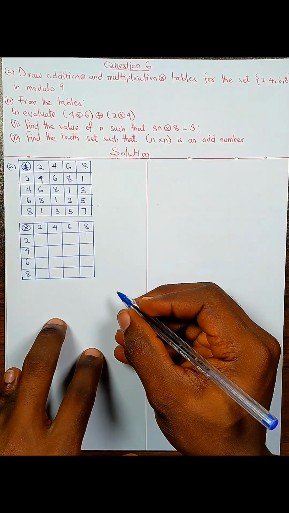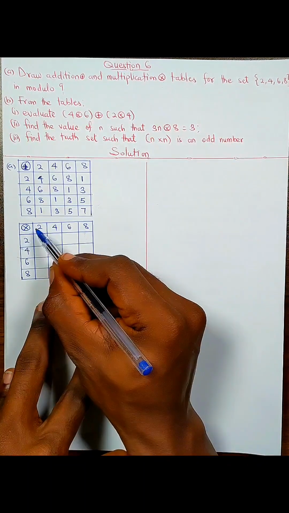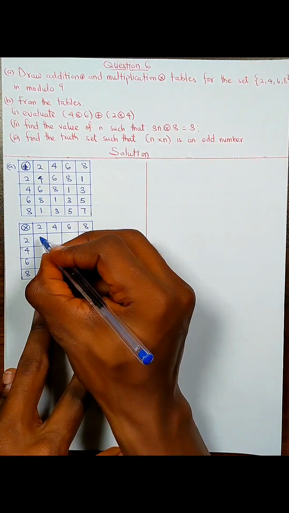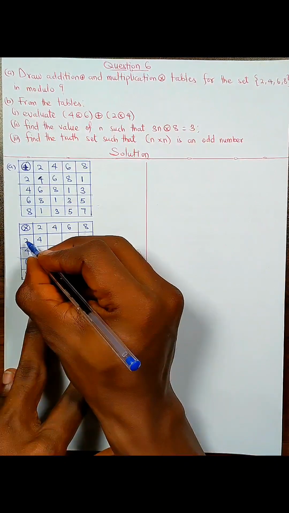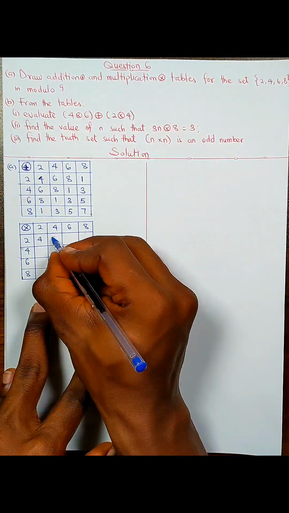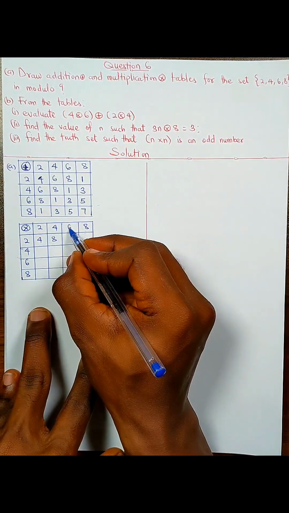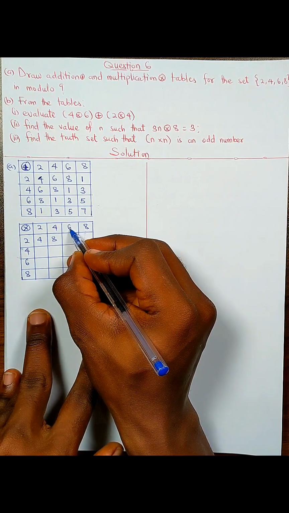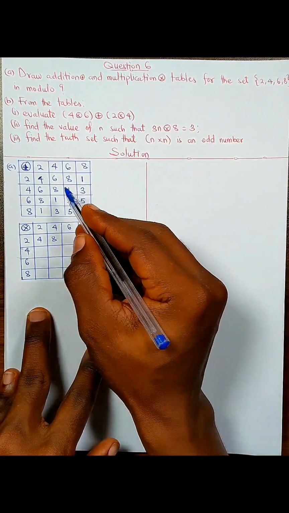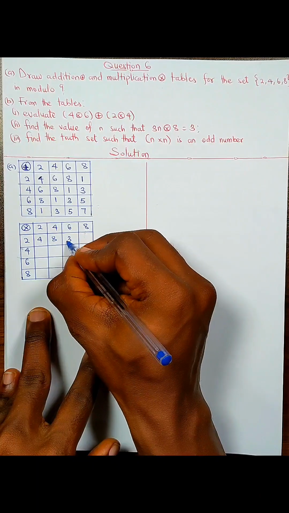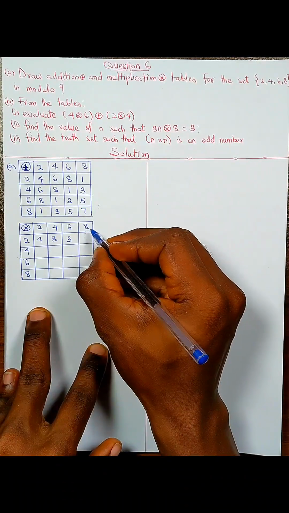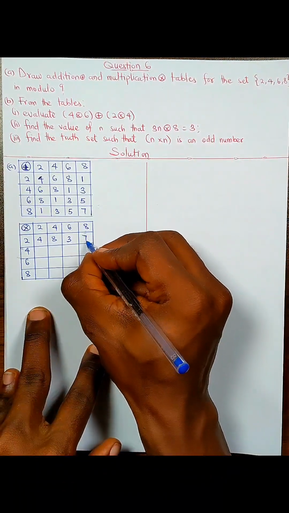Okay, back to it. Now 2 times 2 gives us 4. 2 times 4 gives us 8. 2 times 6 gives us 12, and we have already seen 12 has remainder 3. 2 times 8 gives us 16, remainder 7.